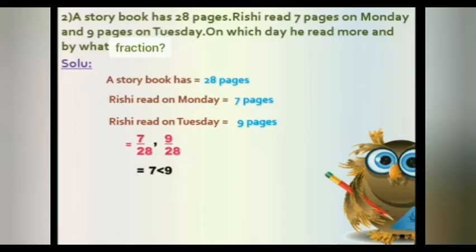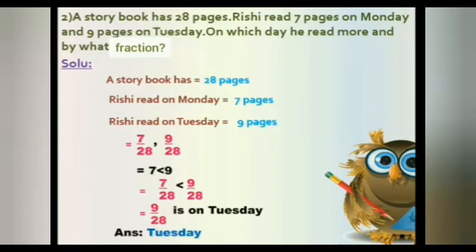Yes, we have to find the fraction for on which day he read more. Which is greater here children? 7 or 9? 9 is greater. So 7 by 28 is less than 9 by 28. 9 by 28 is on Tuesday. Yes, on Tuesday he read more.